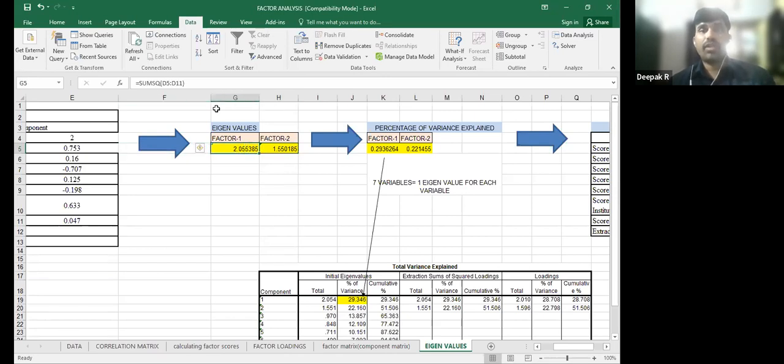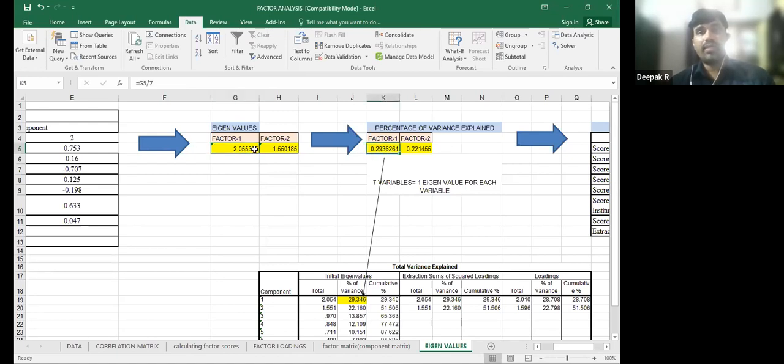So for factor 1 as well as factor 2, I would like to know the percentage of the variation. If I assume that each variable is equivalent to one eigenvalue, since there are 7 variables, if I divide this eigenvalue by the number of variables I have considered, I will get the percentage of variance.